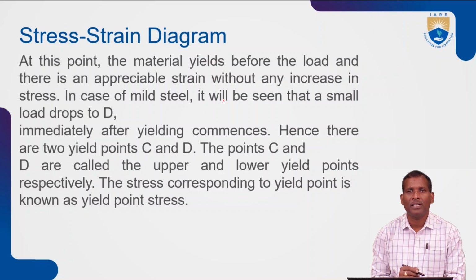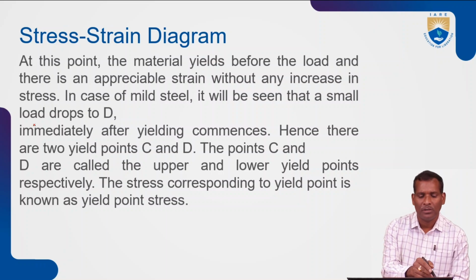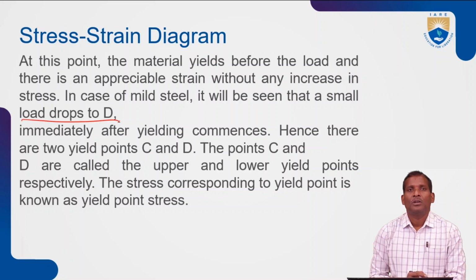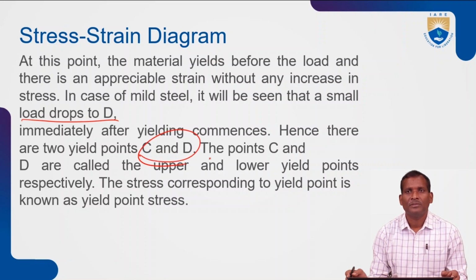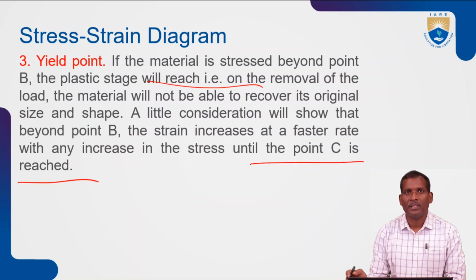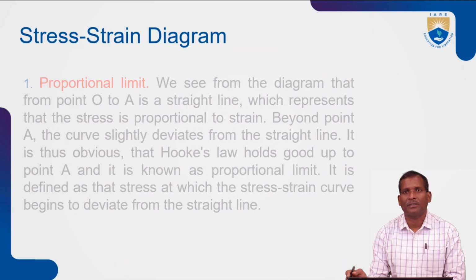In case of mild steel, it will be seen that the load drops to D. Immediately after yielding commences, there are two yield points, C and D, called the upper and lower yield points. The stress corresponding to the yield point is known as the yield point stress.